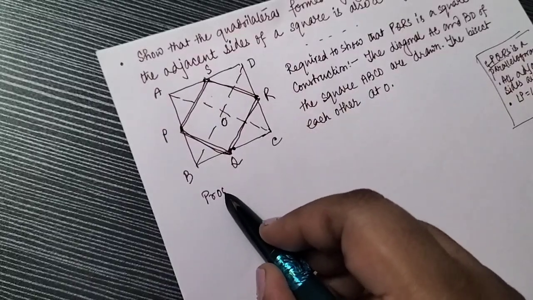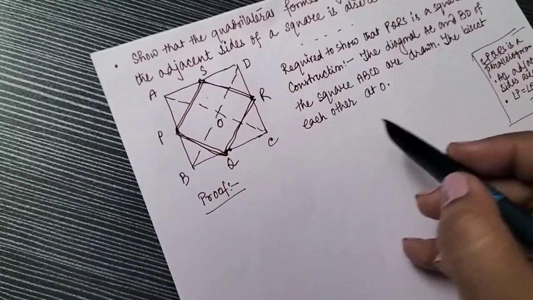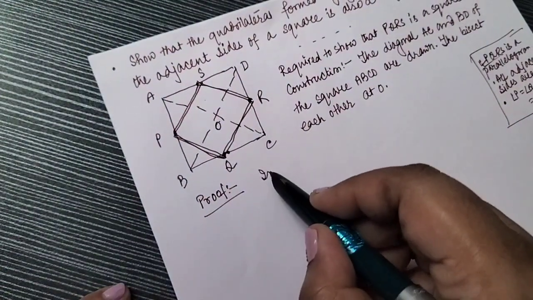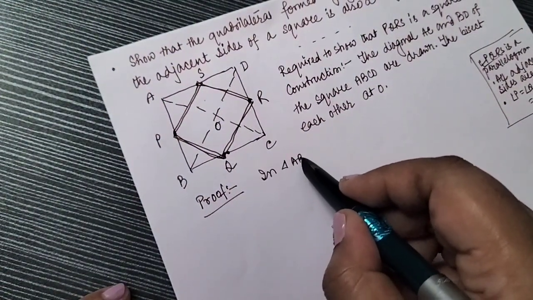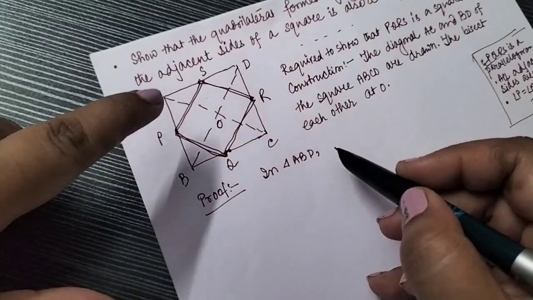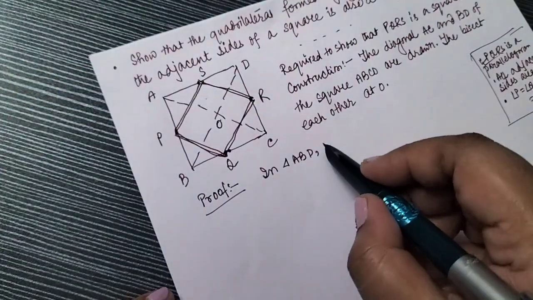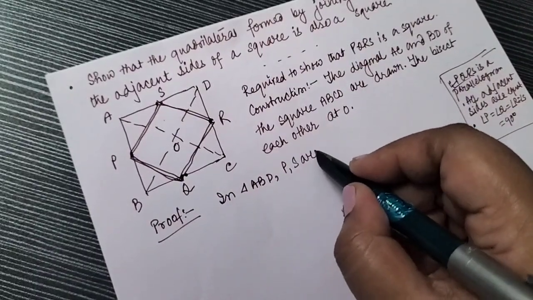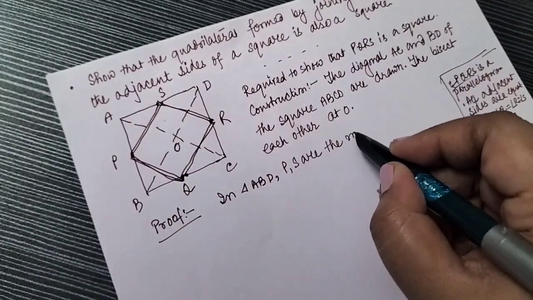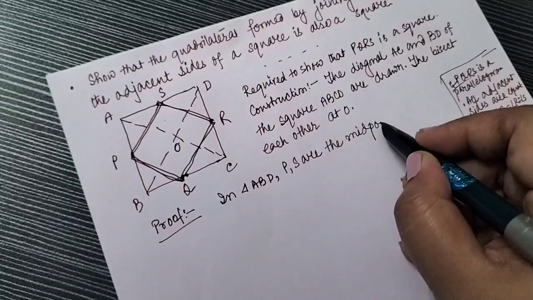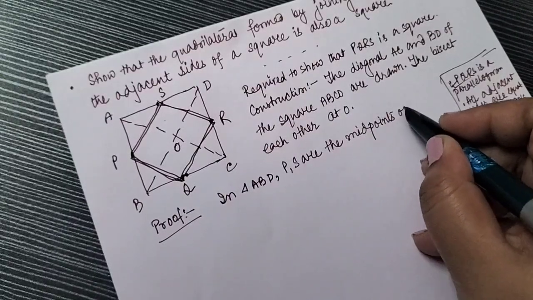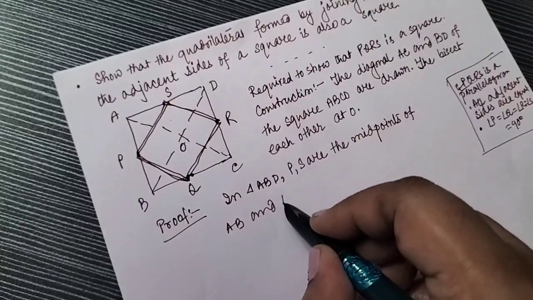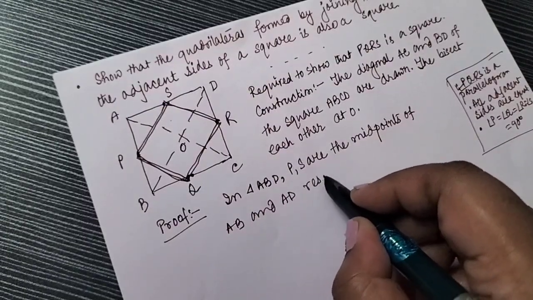So let's begin. First of all, we shall show that PQRS is a parallelogram. Proof. Look, in triangle ABD, P and S are the midpoints of AB and AD respectively, right?